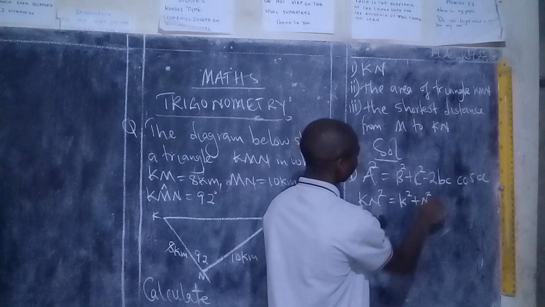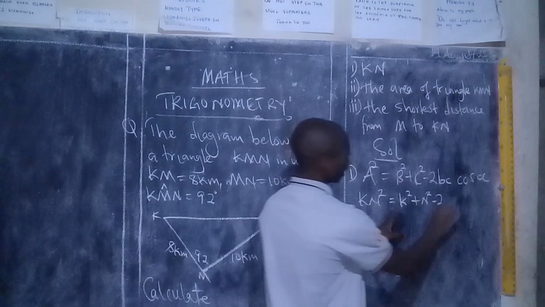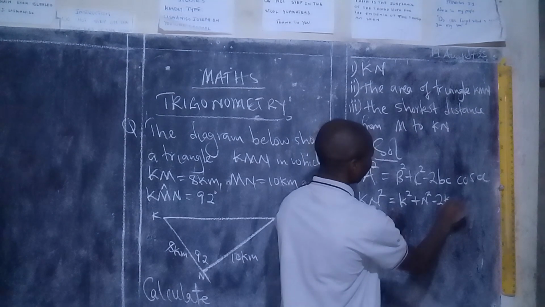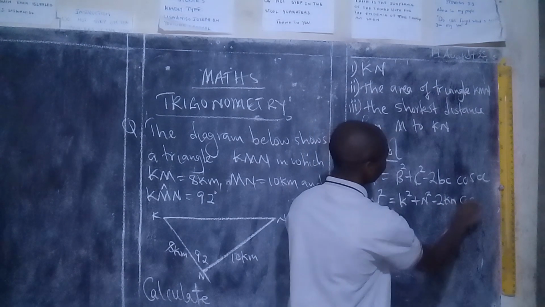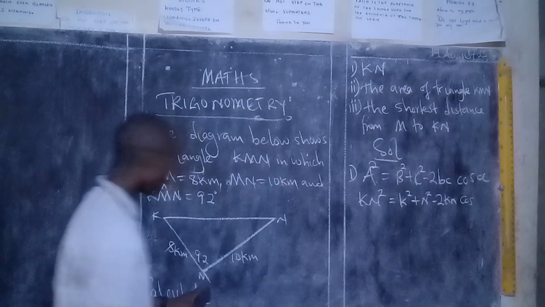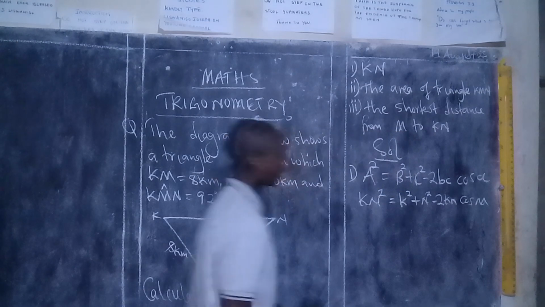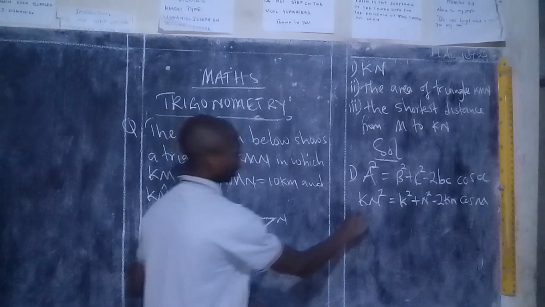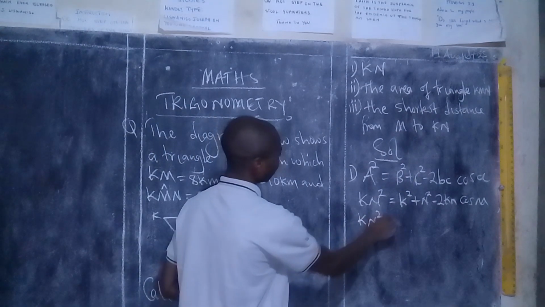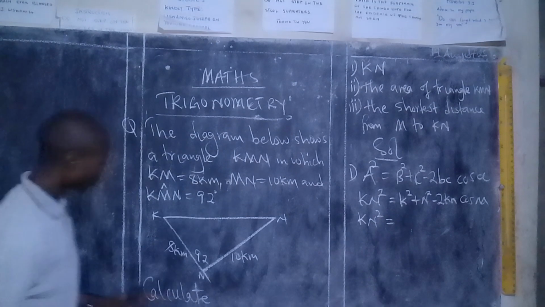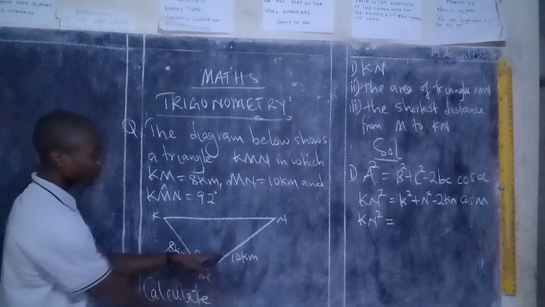So you have n squared minus 2kn cos our angle, we have n. So write n there. And then you can start replacing. We have KN squared equal to, our k is opposite of what we have here, which is 10.